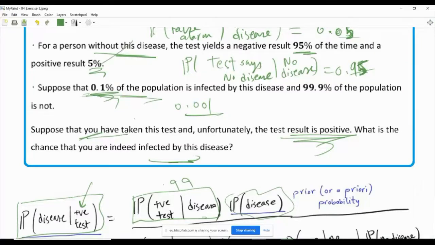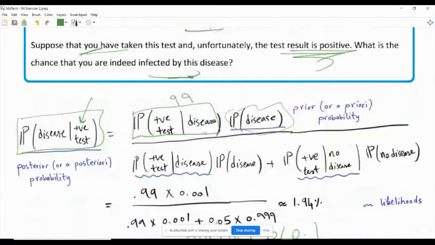If you close your eyes and pick a person at random from the population, what is the probability that this person will have the disease, without doing any test? It is 0.001. It's called the prior or a priori probability because we haven't done a test yet.